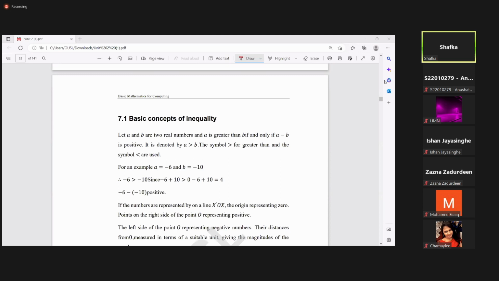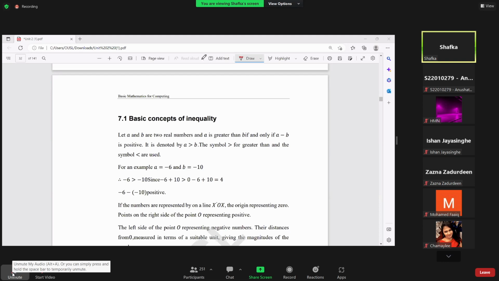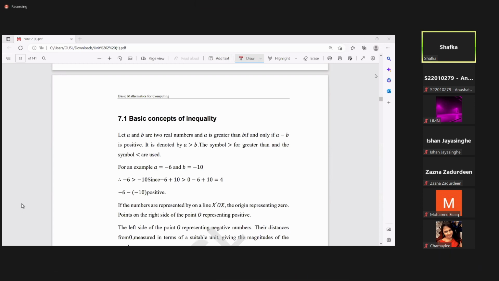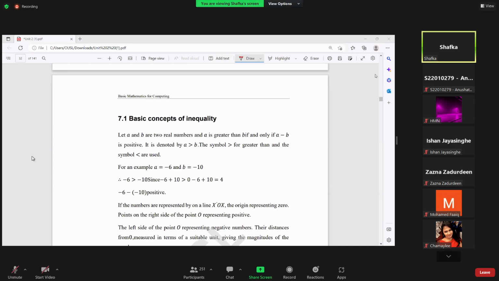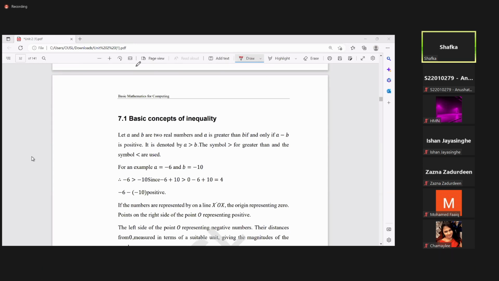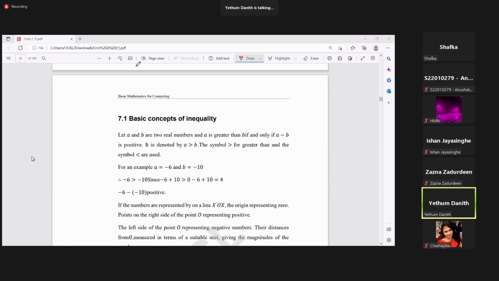Are you all studying Java? Java or C++? What are the applications of inequalities that you are using there? Repetitions, yes.